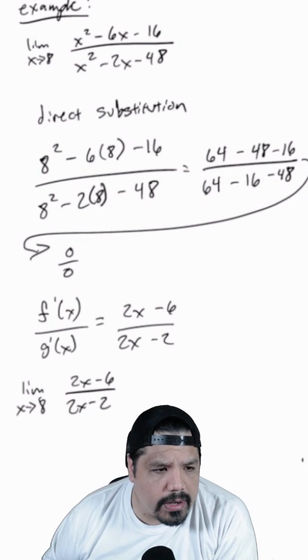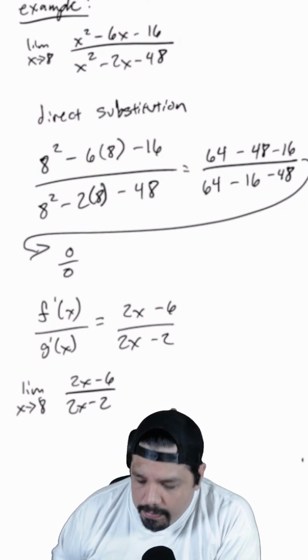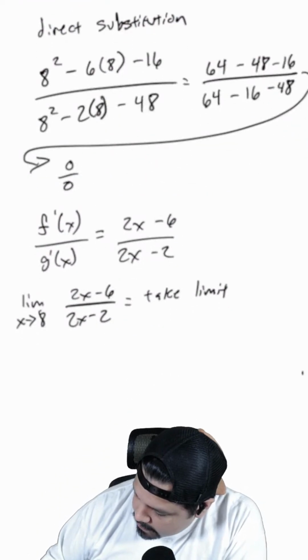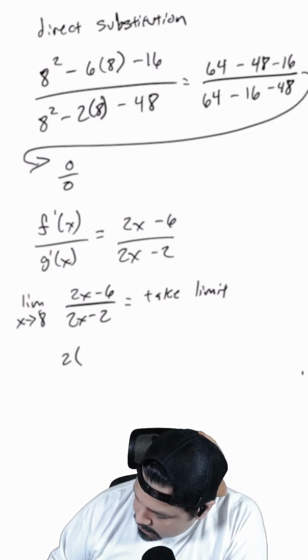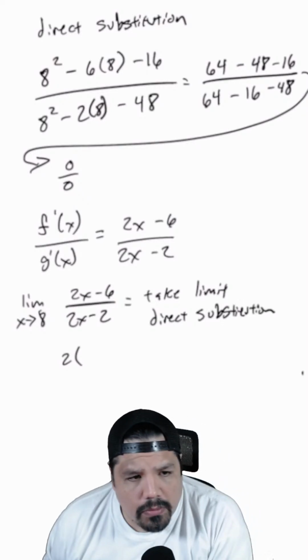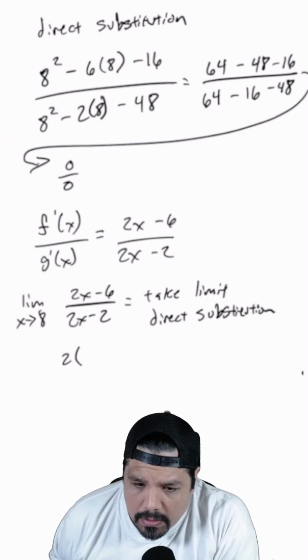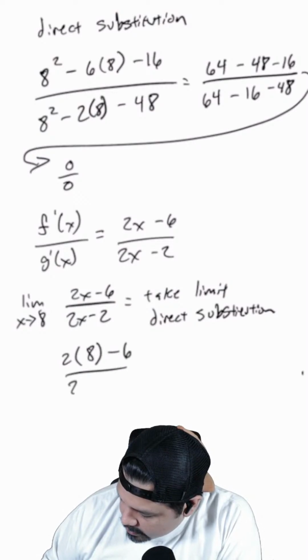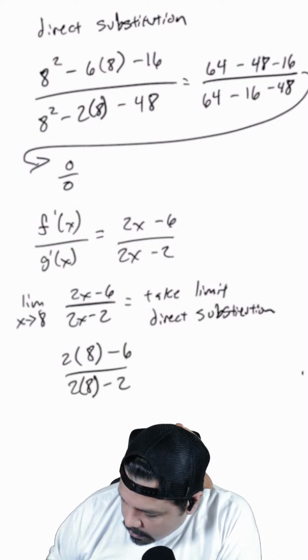Now let's take the limit as x approaches 8 again, using direct substitution. And we know what that means. We're just going to input the values. 2 times 8 minus 6 over 2 times 8 minus 2.